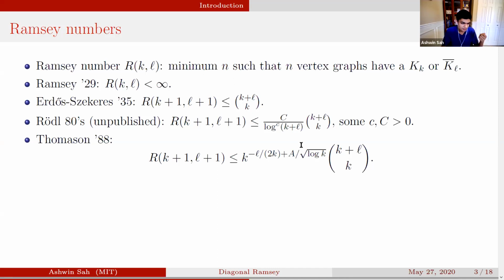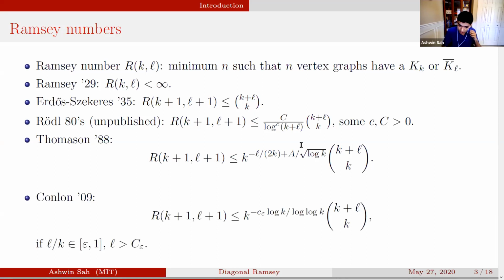He establishes a framework that we're going to be building on today, and that was built on by David Conlon, who was able to use these techniques in a very clever way and show that R(k+1, l+1), say when l and k are around the same size, is now not only a root k improvement, but actually a super-polynomial improvement.